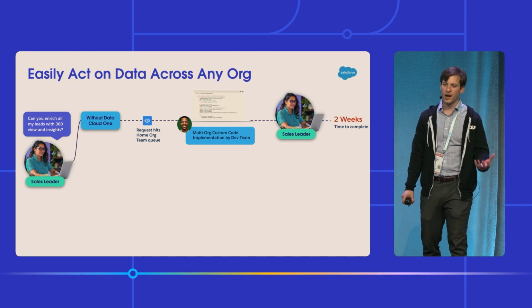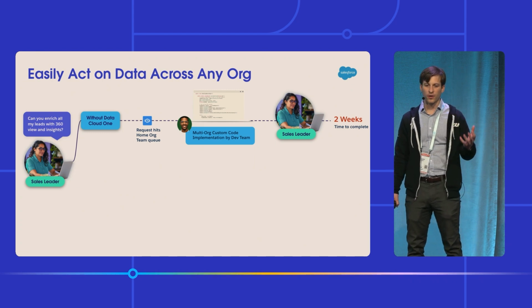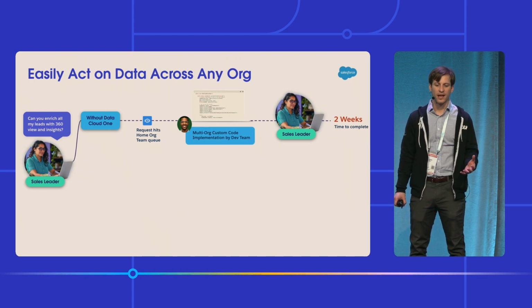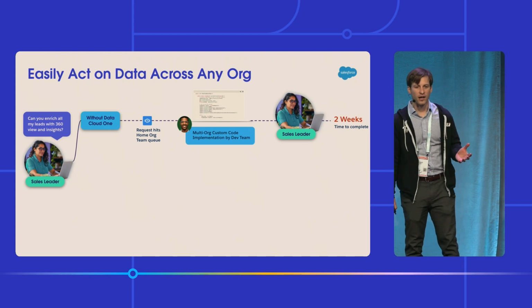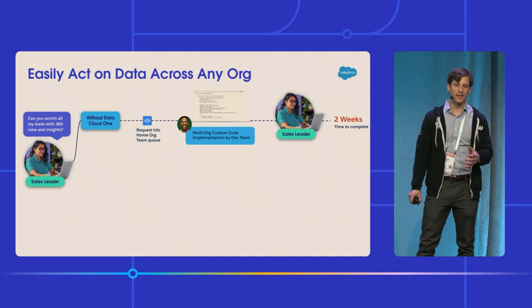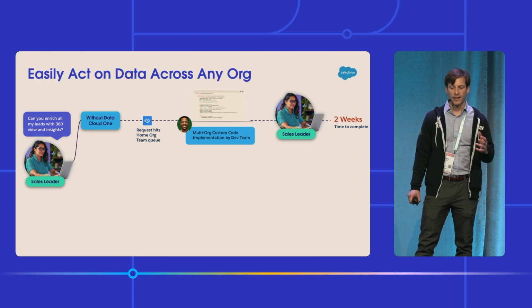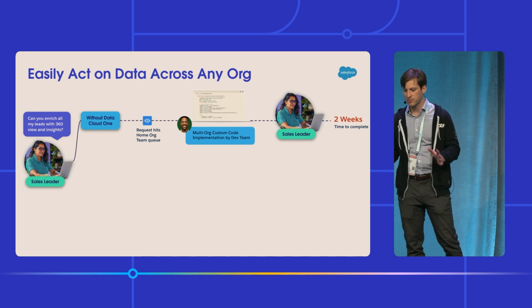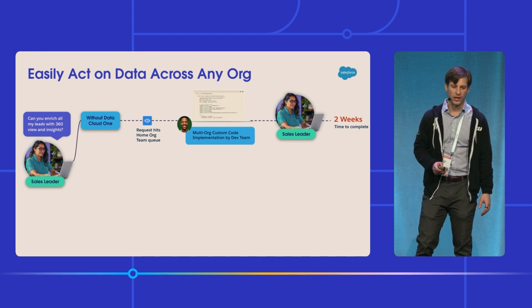She would need to reach out to the admin of the retail banking org where Data Cloud sits, work with them to make sure that she gets her own calculated insights created, and then figure out a way via custom integration to make sure that that metadata and that data is ported back to her org. Now, that is a very time-consuming process, and can take anywhere up to 2 weeks and sometimes even longer, as you have to work with multiple stakeholders.